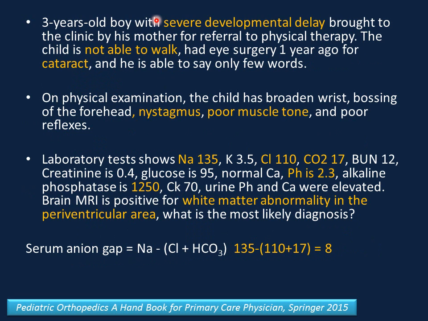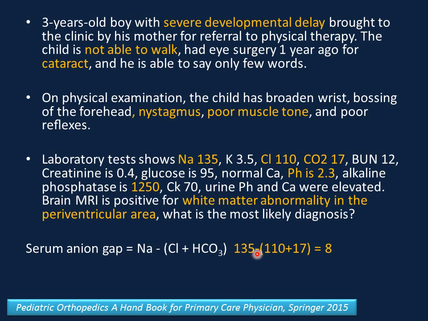So in this case, the red flags are a child with severe developmental delay, not able to walk, has cataract, saying only a few words. In physical examination, has nystagmus, poor muscle tone, which is a neurological disorder. The laboratory test here showed the sodium 135, the chloride is 110, and the bicarb is 17. So there is a metabolic acidosis.